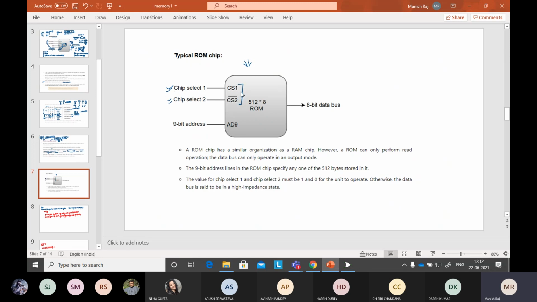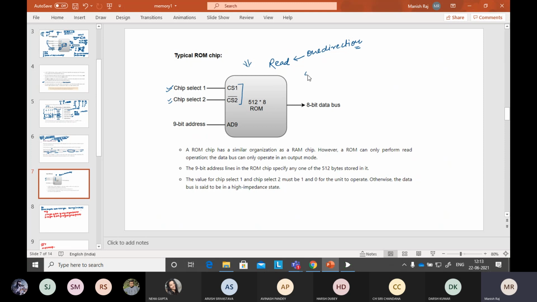Again the CS1 and CS2 bar are present, but there is only the read operation here. That's why it is only one directional. So there is only one direction here.